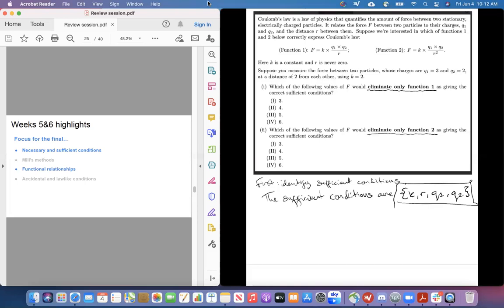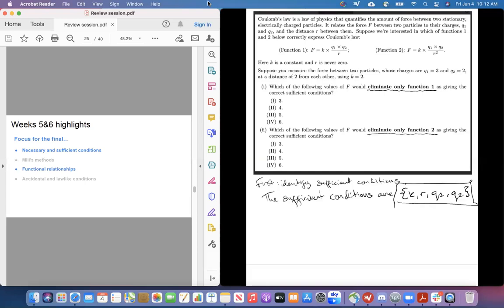Whereas people were writing things like, oh, when the sufficient condition is R, you can tell them apart, or when the sufficient condition is K equals 2, you can tell them apart. The sufficient condition is all of the values. So you would have to specify a value for each of these letters.